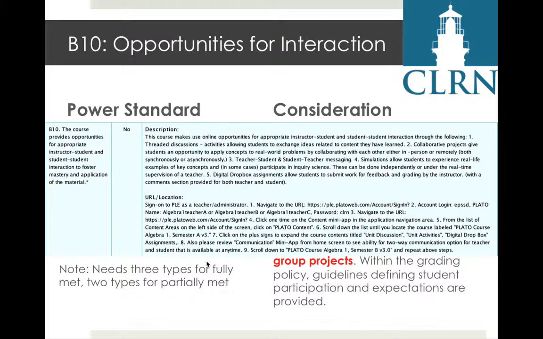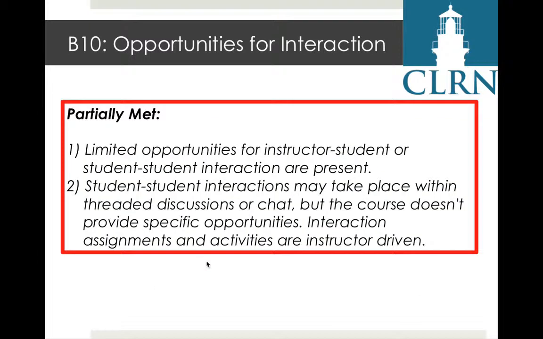To direct us to these resources, publishers provide both a description and a URL or location where we can find them. However, in order for the standard to be fully met, CLearn must find at least 3 types of interaction activities, or 2 types to be partially met.